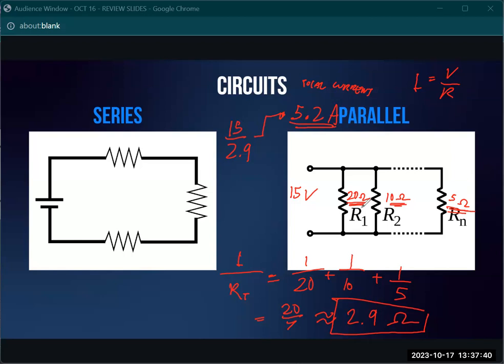Dito, 15 over 20. So, 0.75. Dito, 15 over 10. This is 1.5. Plus 15 over 5. This is 3. Ideally, pag in-add natin to together, dapat similar sa total number. Kasi di ba yung total current is the sum of the individual currents.